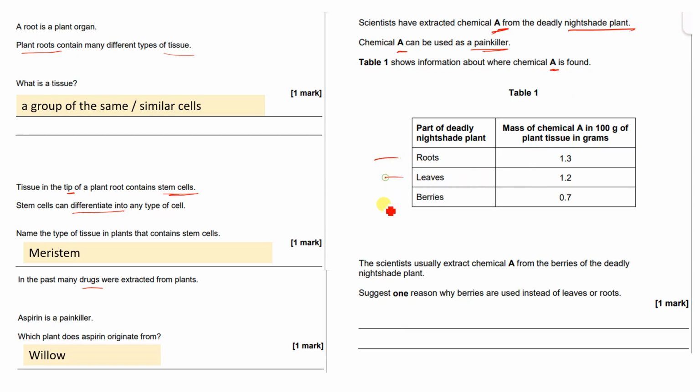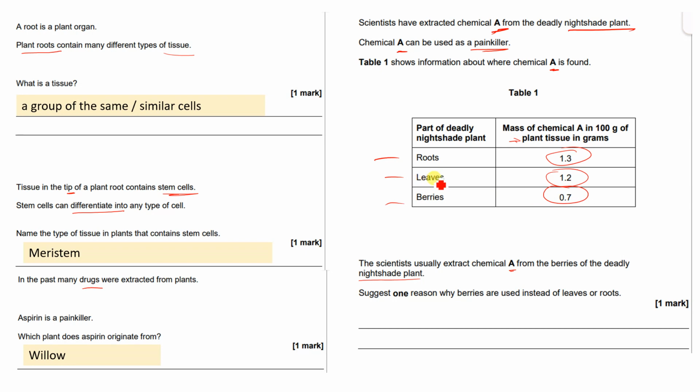We have root, leaves, and berries, with 1.3, 1.2, and 0.7 grams of chemical A in 100 grams of plant tissue. They say the scientists usually extract chemical A from the berries of the deadly nightshade plant. Suggest one reason why berries are used instead of leaves or root.